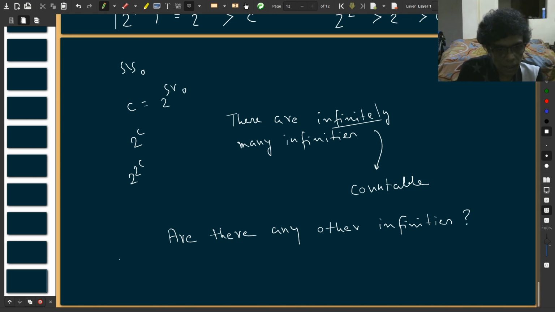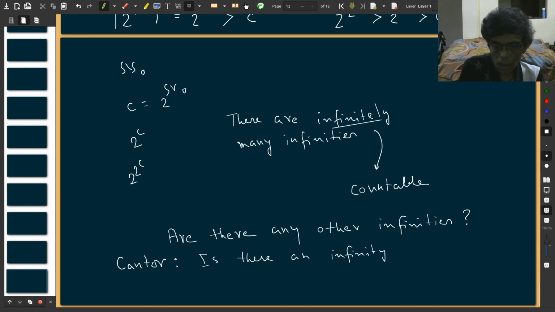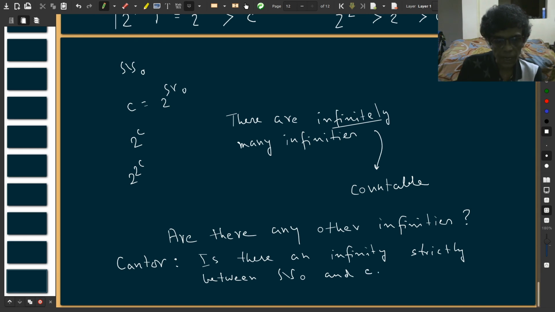In particular, Cantor raised the question, is there an infinity strictly between Aleph naught, the countable infinity, and C, the size of the continuum, real line.